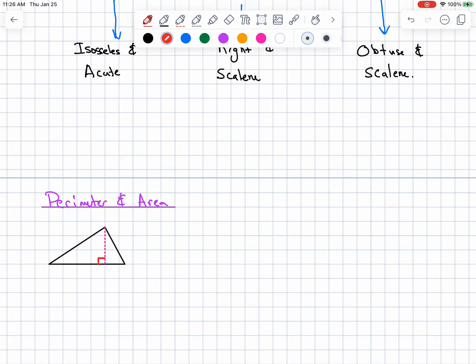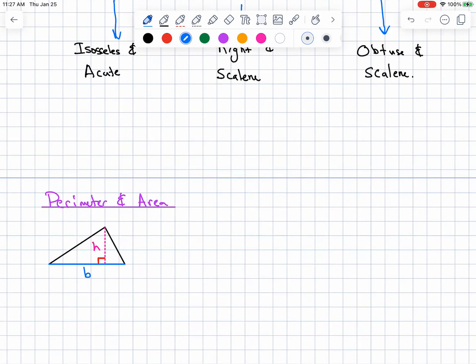And we'll call that measurement H. And then the one on the bottom here, we'll call that B. And so perimeter, once again, there are formulas for perimeters of things, but once again, I don't want you to memorize them. I don't want you to waste the time with that.